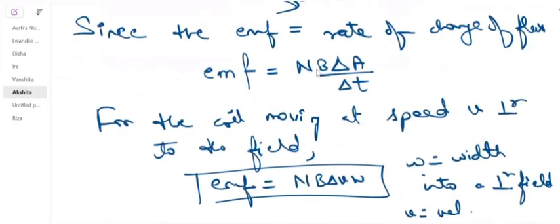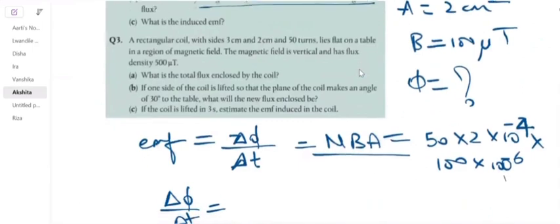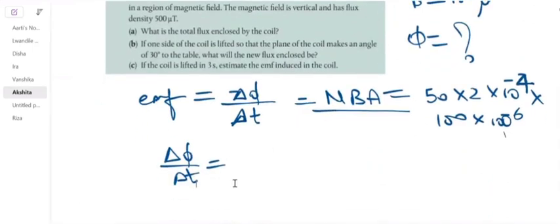What is the formula given? N into B into A over T. Divided by T. So 50 into 10 to the power minus 6 into 2 into 10 to the power minus 4, divided by T, right?